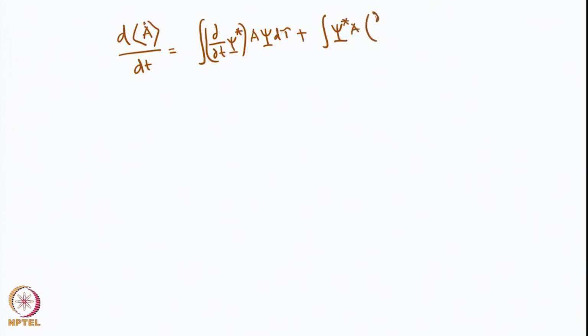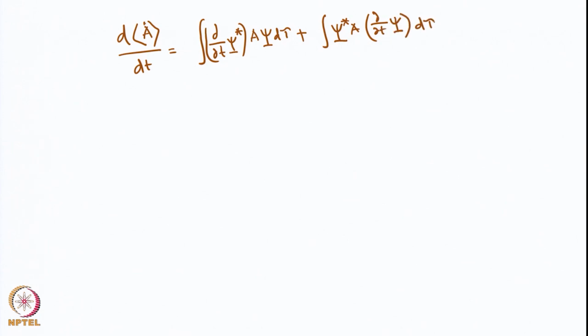So d of A by dt equals the integral of d by dt of psi star A psi d tau plus the integral of psi star A d by dt of psi d tau.